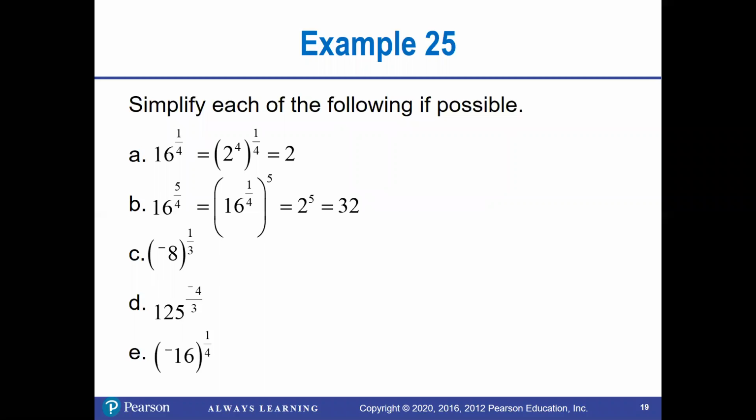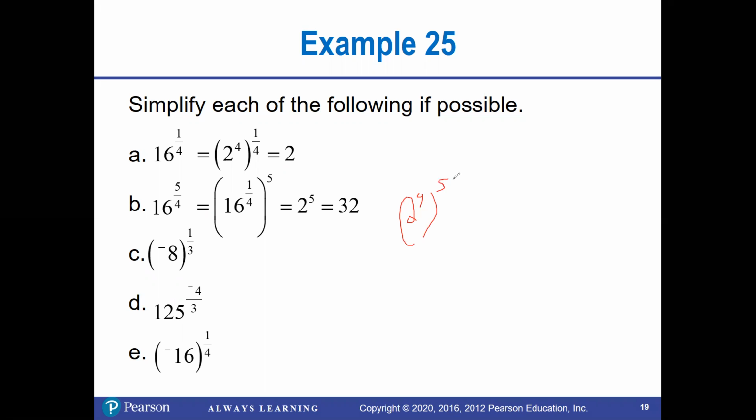I wouldn't have done it this way, but let me show you. You might as well do the same way as the other one: 2 to the 4th, all to the 5/4. Multiply your exponents, and you get 20/4, or 2 to the 5th, which is 32.